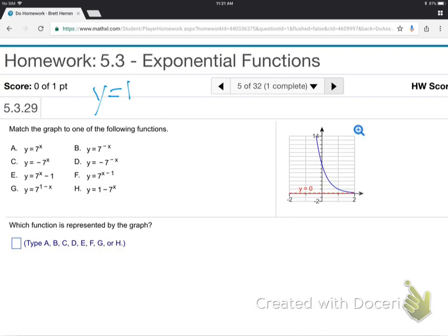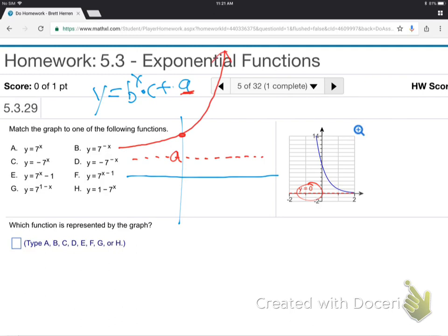So getting back again to b to the x times c plus a. In general, they look like this. They'll have a horizontal asymptote line at a. Ours is 0. And above it, it'll rocket up to the right and come down for a landing to the left.